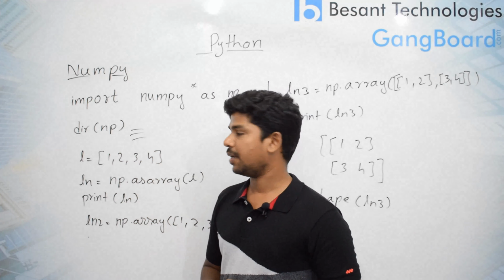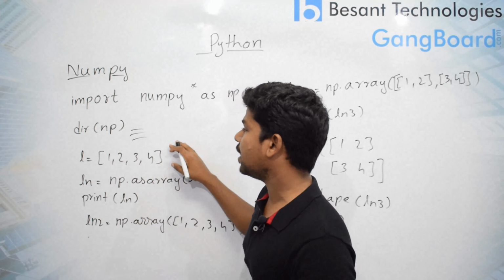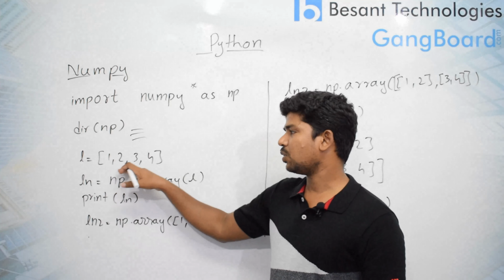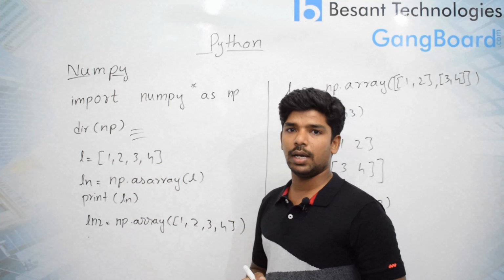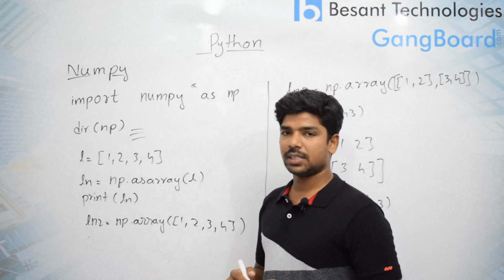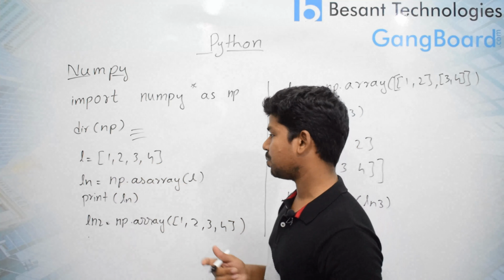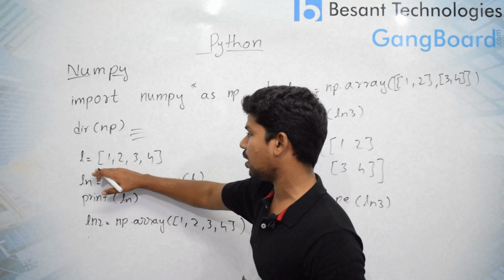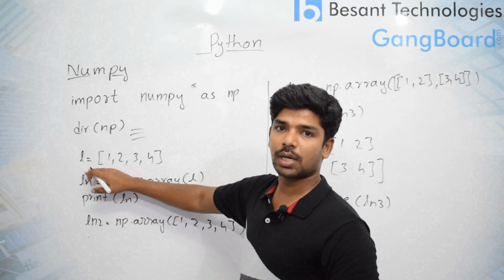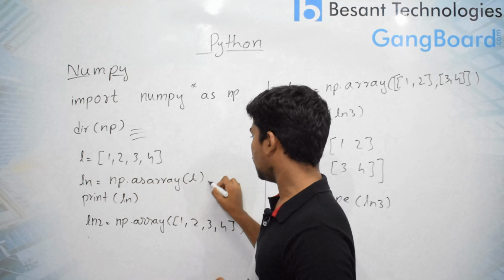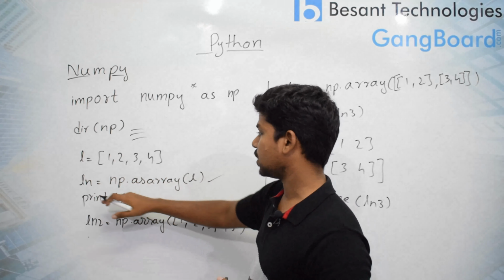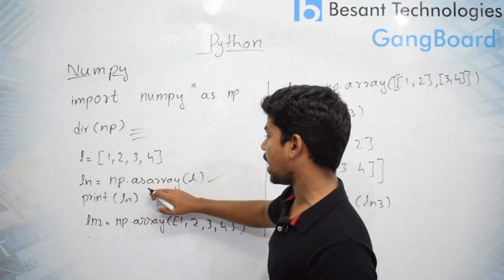under NumPy. So here I am taking a list of 4 values, 1, 2, 3, 4. Basically, you know, a list is an array, which is a primitive data type. What I am going to do is take a list and convert it into a matrix, or a NumPy matrix. So ln equals np dot asarray.